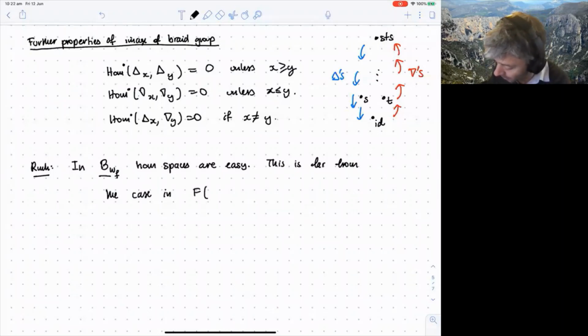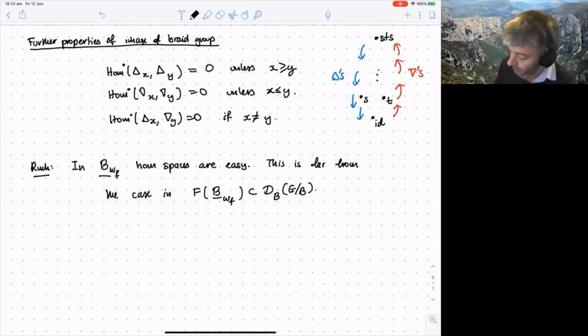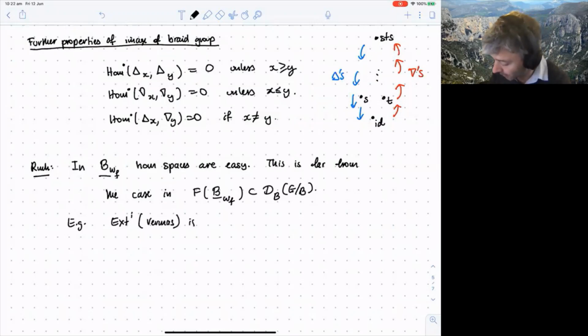In the image of the braid group inside the Hecke category. So just an example is Ext groups between Verma modules is unknown. And apparently very difficult.